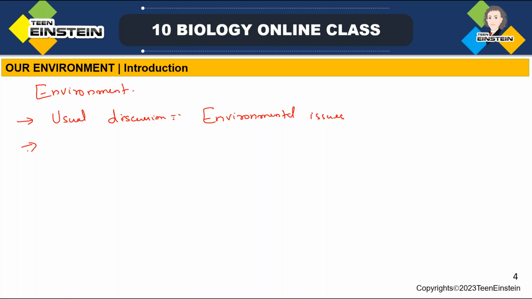Okay, so in this chapter we shall be studying how various components in the environment interact with each other and what is the impact of that. Components of environment and their interaction and what is the impact of all those things.